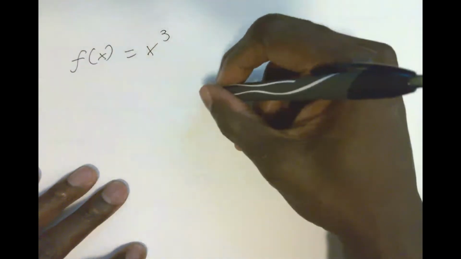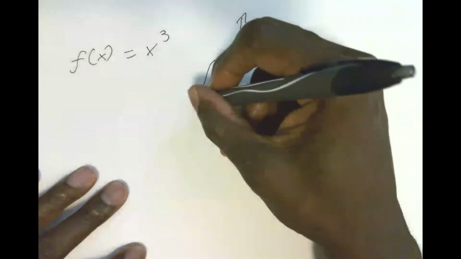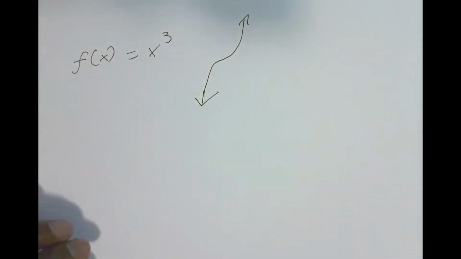The function is f of x equals x cubed, and the graph looks something like this. The claim is made that you can't determine whether a function is increasing or decreasing at a particular point; that must be confirmed on an interval.